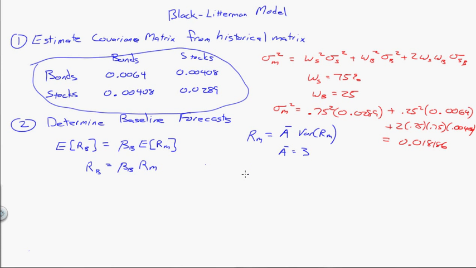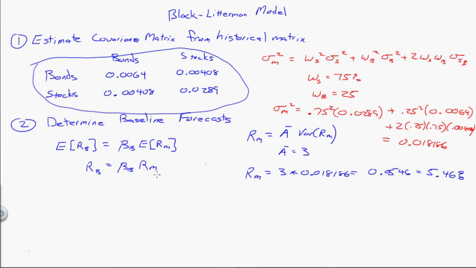So, go back over here, my return on the market is equal to 3 times this, which is equal to somewhere around, rounding off here, 5.46%.